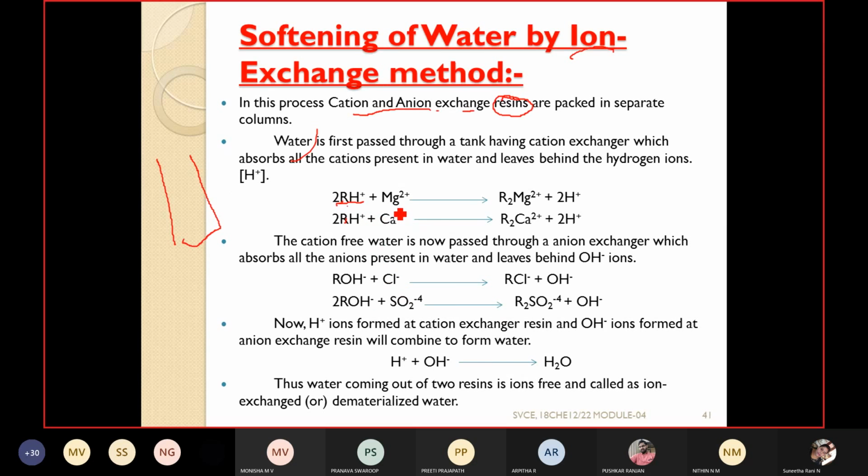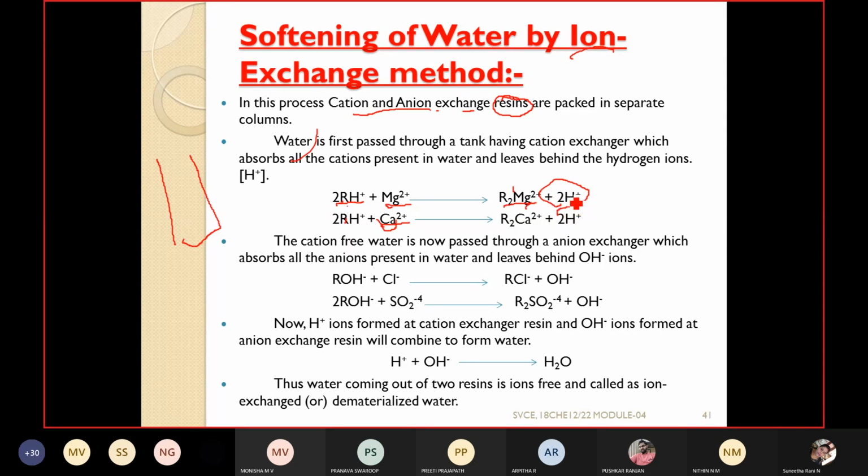It reacts with all the Mg2+ and Ca2+ ions, which are the dissolved salts present in the water. When it reaches these resins, it combines with them and forms R2Mg2+, which is retained in the chamber itself, and releases only H+ ions into the water.